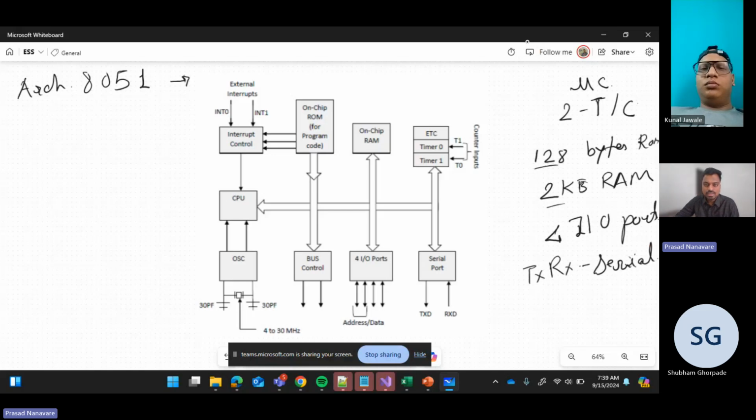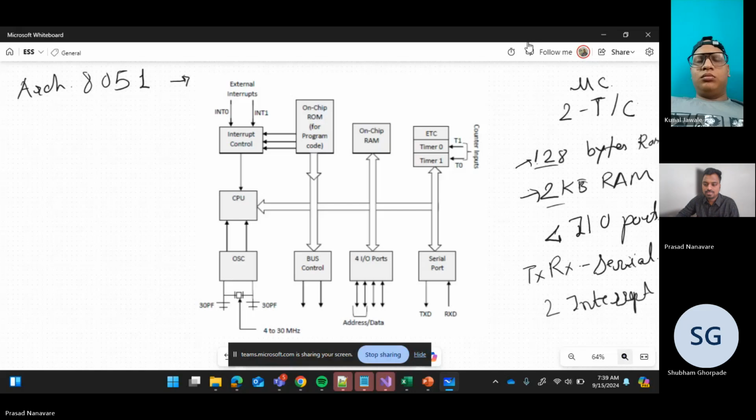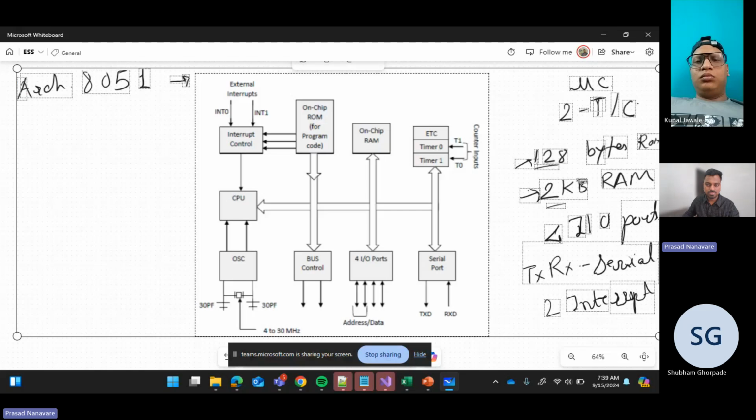We have one benefit here: there is on-chip RAM and on-chip ROM. Then we have two interrupts. These are the features, or specifications, of the 8051 microcontroller.